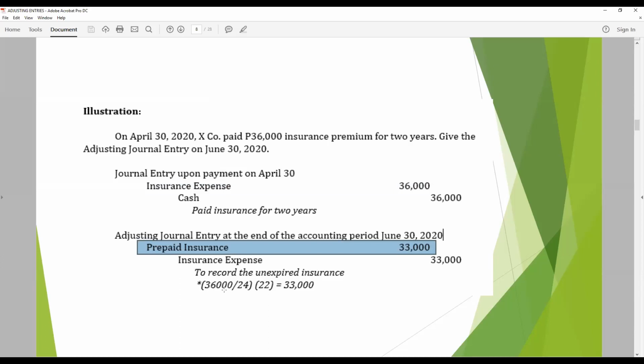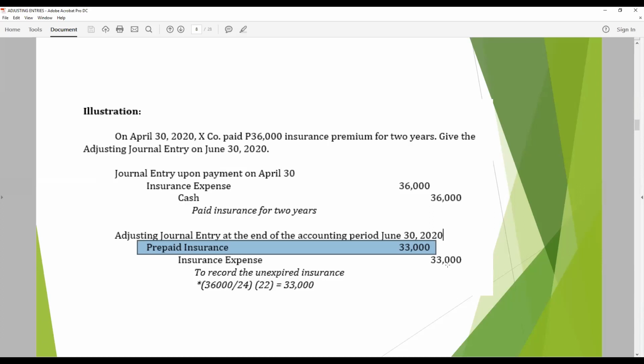Kunin nyo yung monthly charge for the insurance, which is 1,500, and the unexpired portion of 22 months. 22 kasi 24 minus 2 months na expired. So, 33,000.